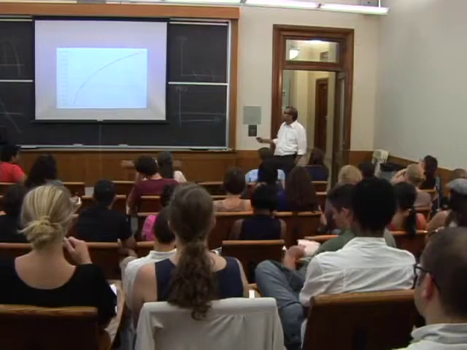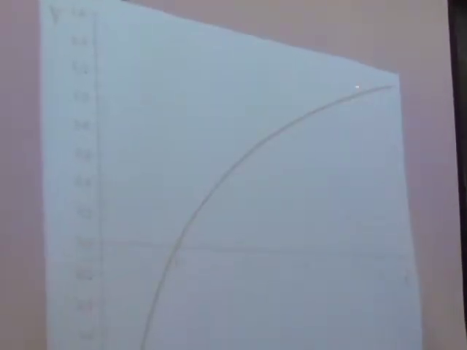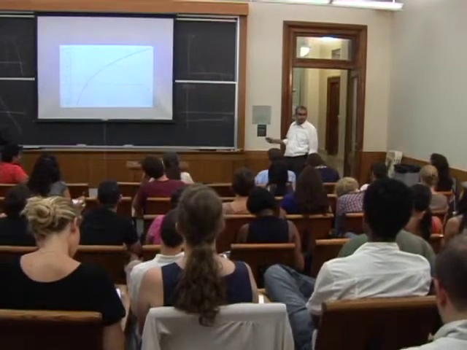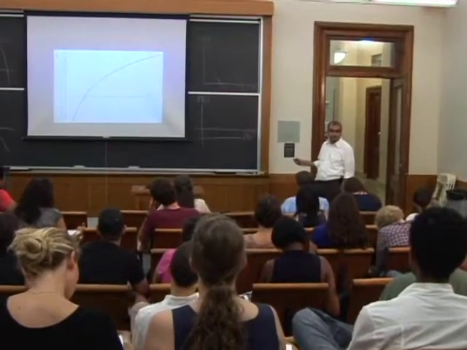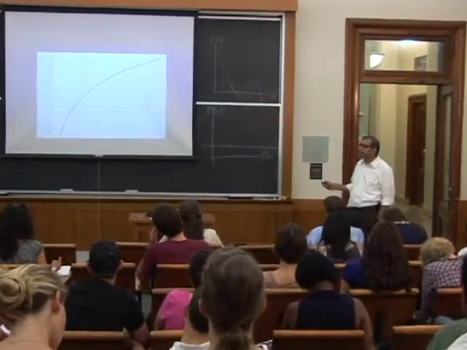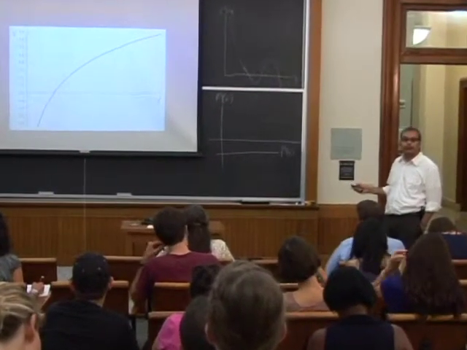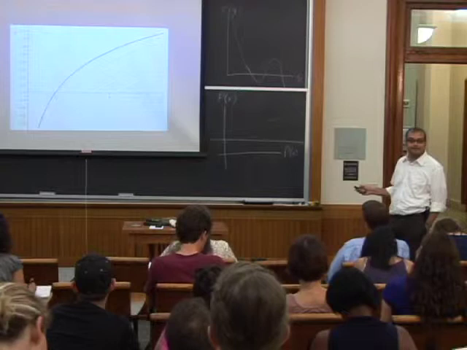Here it's still upwardly sloped but more shallow. So its slope, while always positive, is becoming smaller. So that is a concave function. Slope is always decreasing.